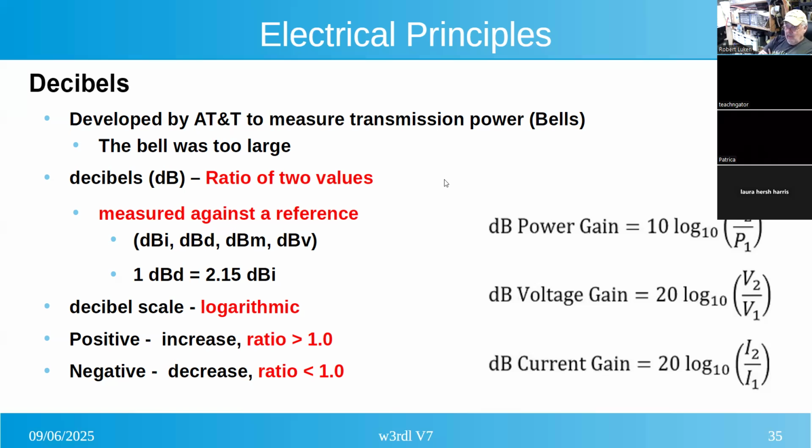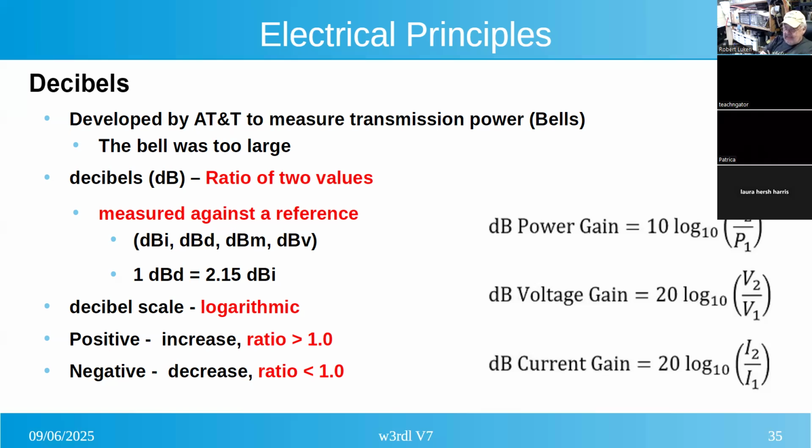Bell. And a lot of times, depending on what we're measuring against some reference, you'll see it as dBi, for instance, dBd, dBm, dBV. What those mean: dBi is usually antenna gain relative to an isotropic radiator, which is this little imaginary point source antenna that is used as a reference.